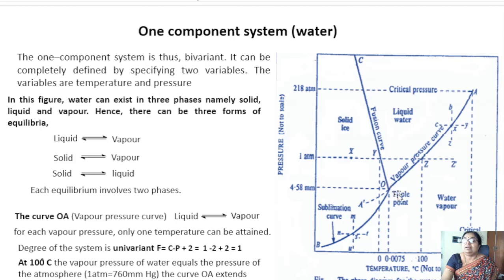The same thing applies to the OA dash curve. This is also a system that forms along the OA dash curve, which lies beyond the triple point.